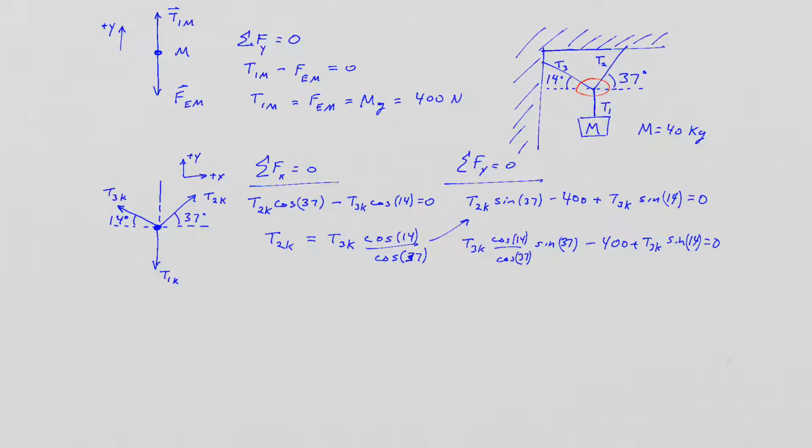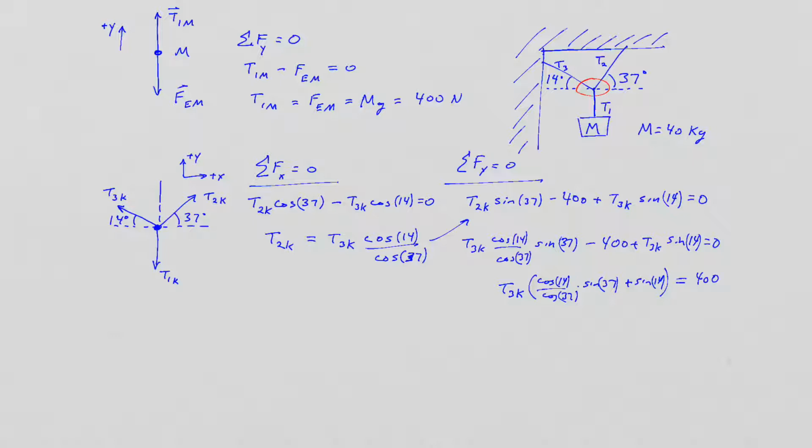We can finish that off by taking T3k and bringing it on the outside of all of the other multiplicative factors, so we end up with cosine of 14 over cosine of 37 times sine of 37, and then we would add sine of 14, and all of that would equal 400.